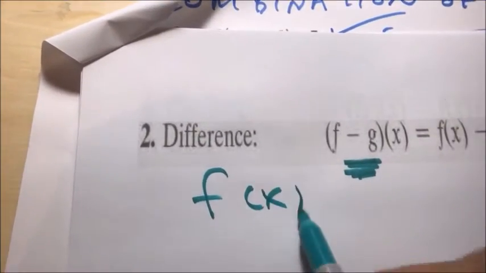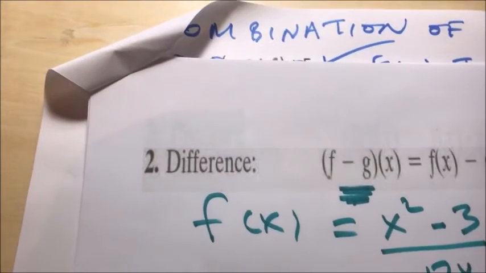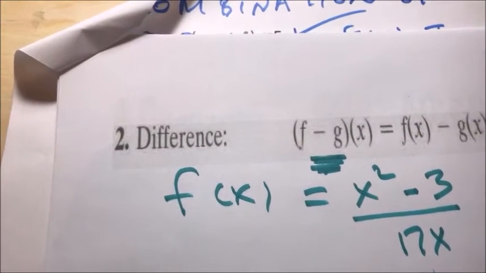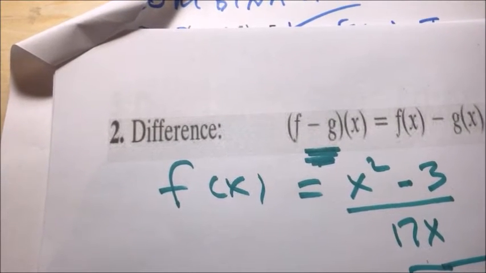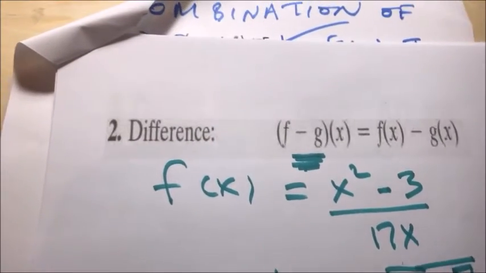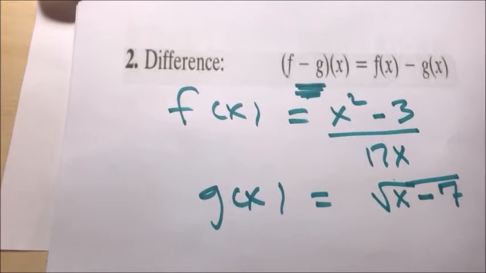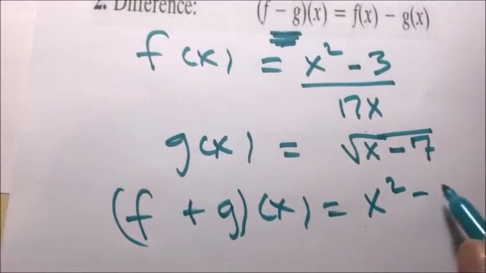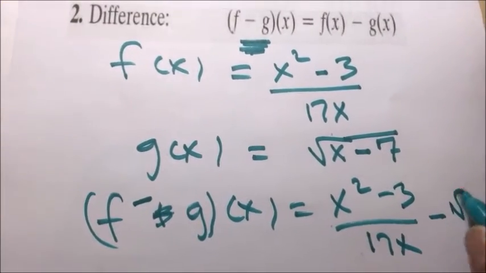So if I have f of x is equal to x squared minus 3 over 17x, and I have g of x is equal to the square root of x minus 7, then the function f minus g of x is just going to be x squared minus 3 over 17x minus the square root of x minus 7.